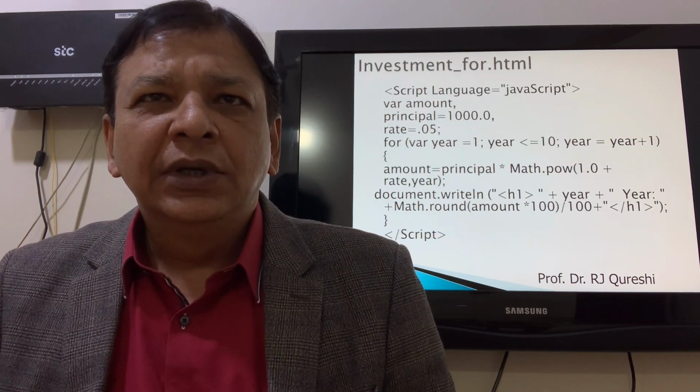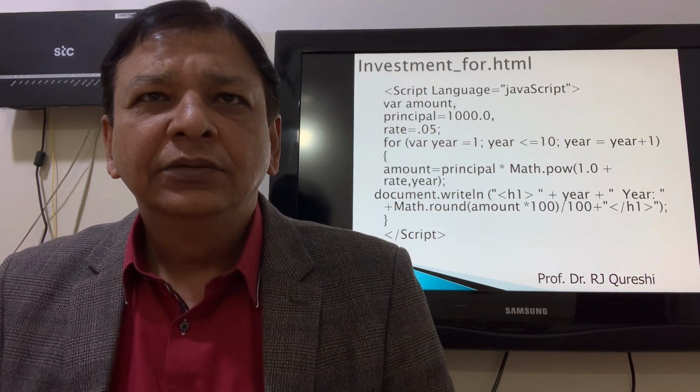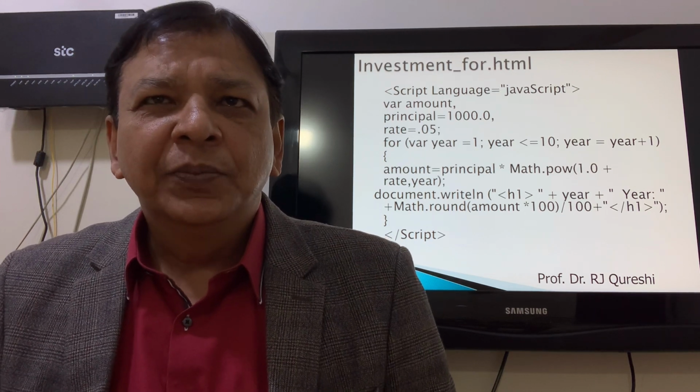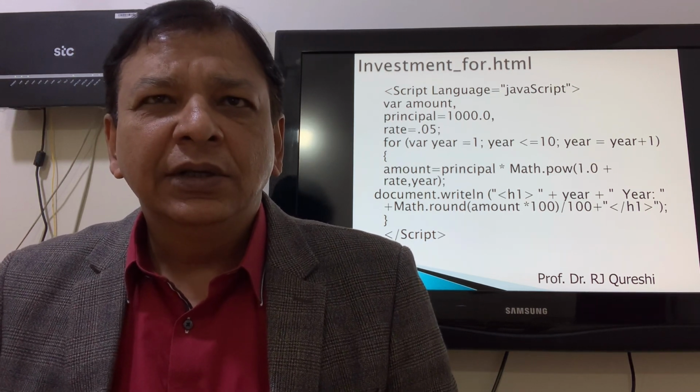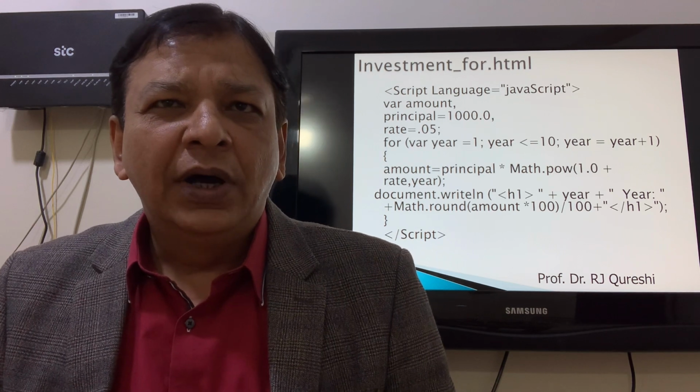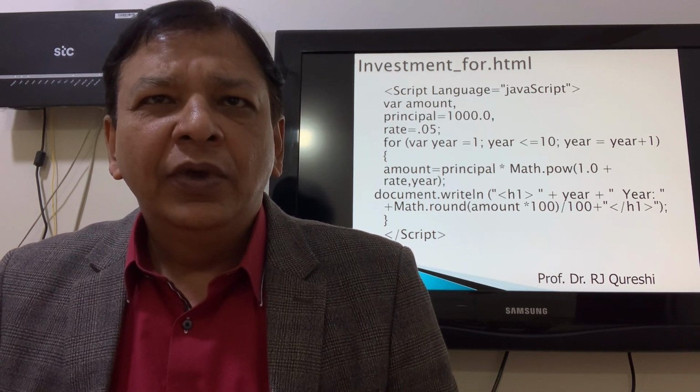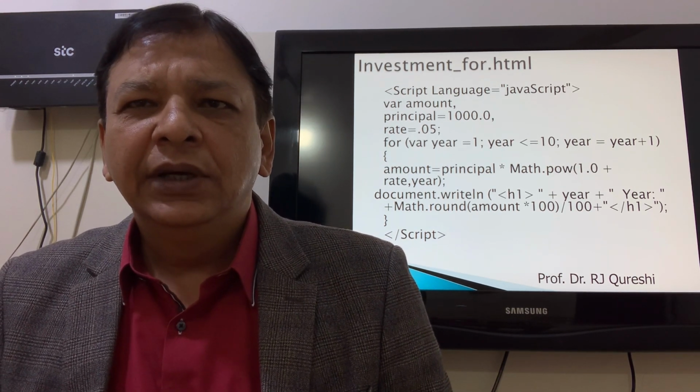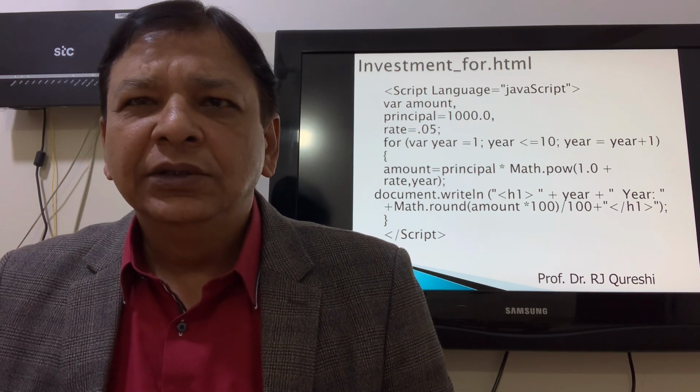Script language is equal to JavaScript, var variable amount, principal is equal to 1000, rate is equal to 5%. For loop, variable year is equal to 1, year less than equal to 10, year is equal to year plus 1.